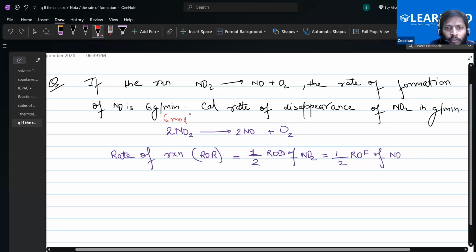The question is 6 mole per minute given, and you have to find NO2 in mole per minute. So who has got the answer? 6.